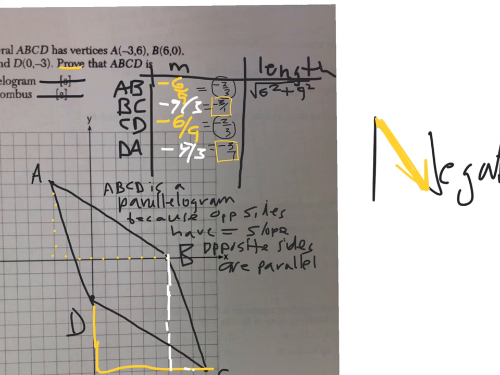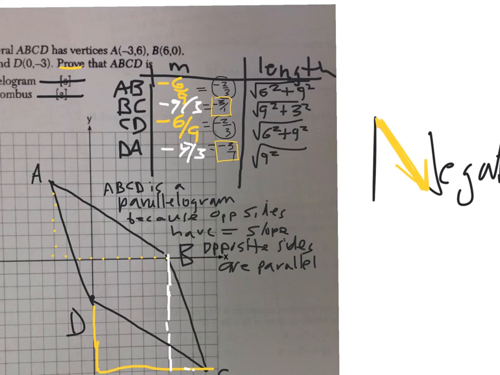So I could take the square root of these numbers squared added together. So 6 squared plus 9 squared, square rooted. And do the same thing for each and every one of these, ignoring the negatives, because the negatives when squared will become positive anyway.